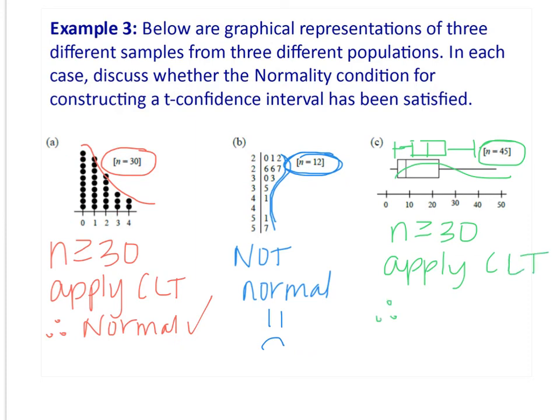Therefore, the sampling distribution is normal. So these are 3 examples of showing how we can look at the graph or my sample size to determine if something is normal or not, and if that normal condition is met.